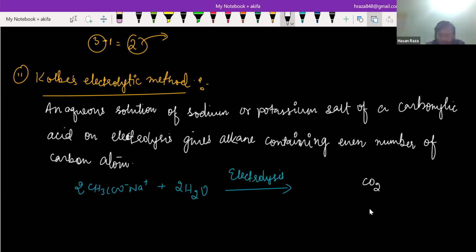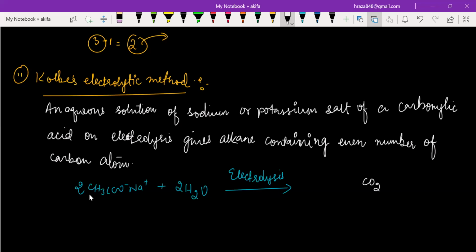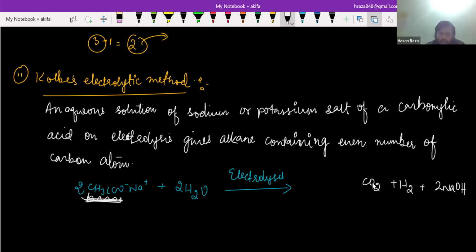Here you can see how many carbons are present. Two carbons. And CO2 is already released in the form of 2 CO2. How many carbons are left? One. And it will be doubled because we have taken 2 moles. So everything will be doubled. 2 CO2 will be released and CH3 will be doubled.